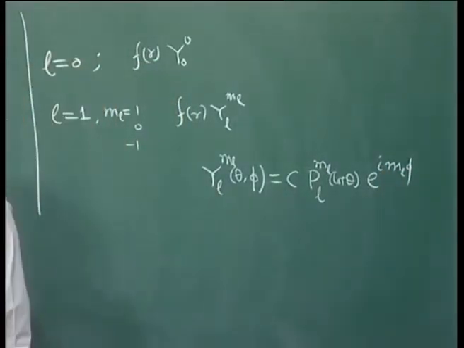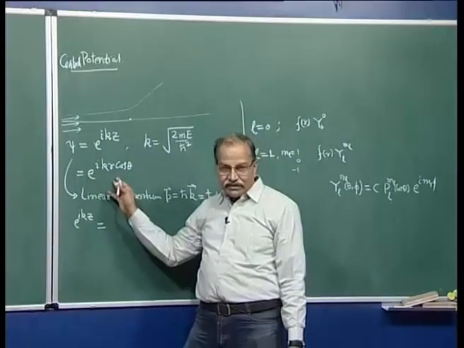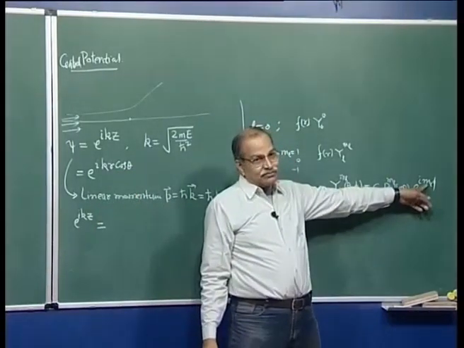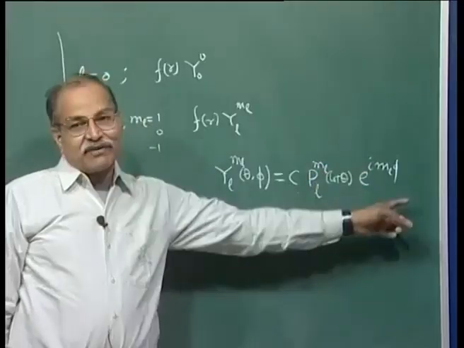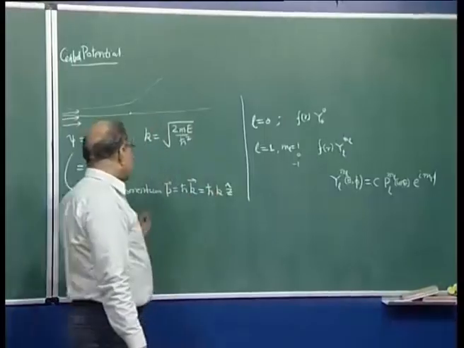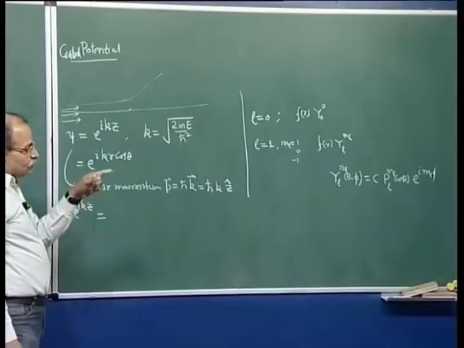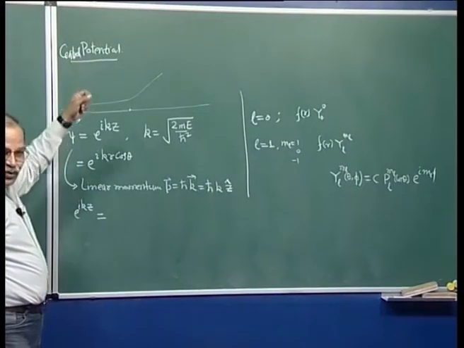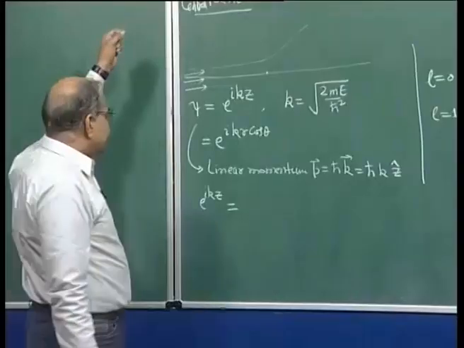So, if it does not contain any phi, that means all these m_L should be 0, because if m_L is not 0, you will have phi dependence. So, in making these combinations, only those m_L equal to 0 terms are to be taken, L equal to 0, 1, 2, 3, 4 you will be taking.